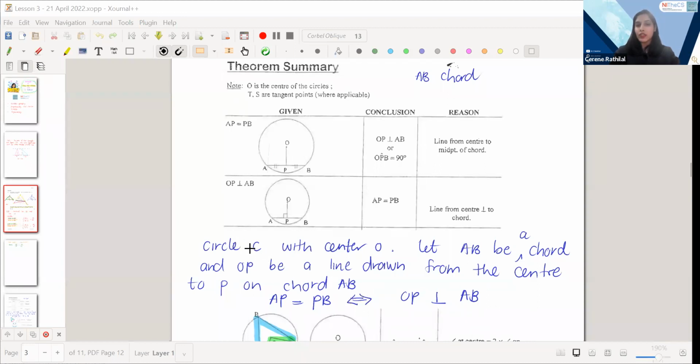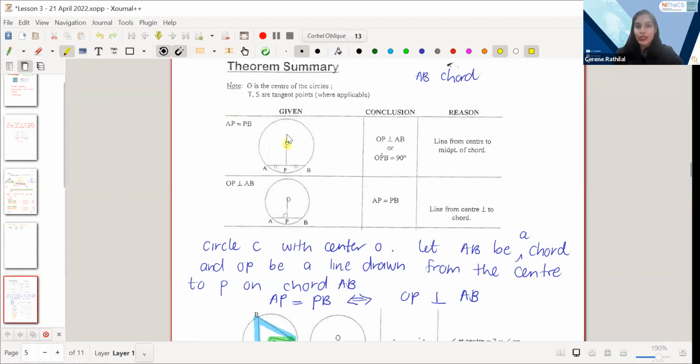So let's recap a bit. We have a circle with center O, and AB is a chord. If it is known that AP equals PB, so the lengths here are the same, then we can conclude that the line segment OP is perpendicular to the chord AB.